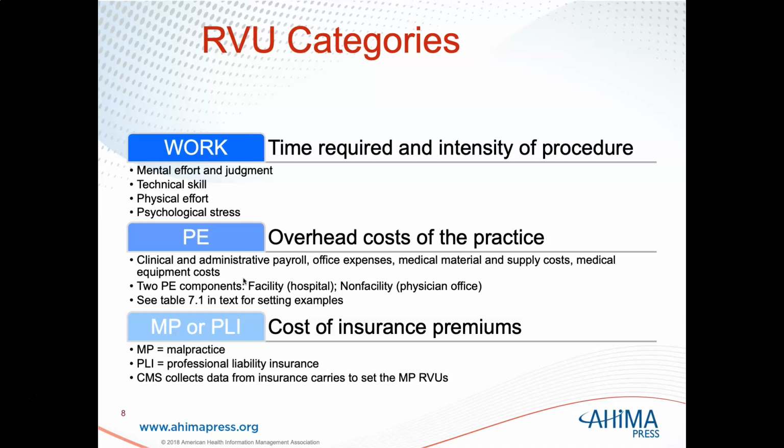If you're looking in your book, we're on page 141 at the very bottom. They give you figure 7.1, which talks about the foundation of the resource-based RBRVS, and they show you under step 1.